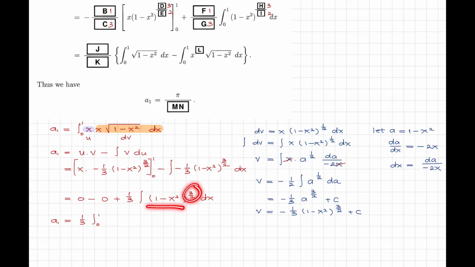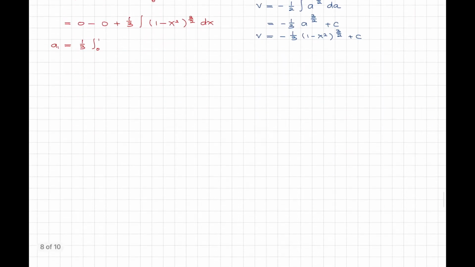(1 minus x squared) to the power of 3 over 2 is the same as (1 minus x squared) to the power of 1 times (1 minus x squared) to the power of half dx. (1 minus x squared) to the power of half is square root of 1 minus x squared. So I will change it into square root of 1 minus x squared.